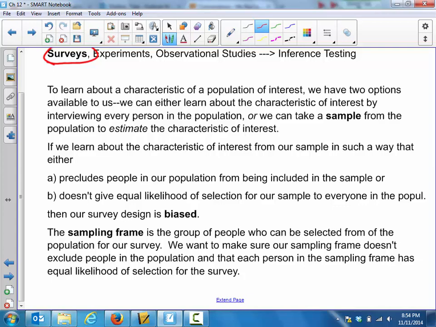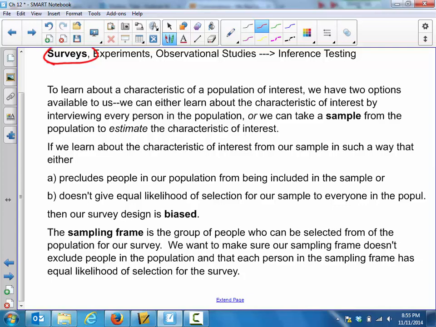Okay? Well, that's a problem if that's how I've designed my survey, because I have just precluded, or omitted, the possibility of even getting some people in my survey. Anyone who doesn't have an ELC is suddenly omitted from the survey, when if I care to learn about the whole student body, that's a problem.